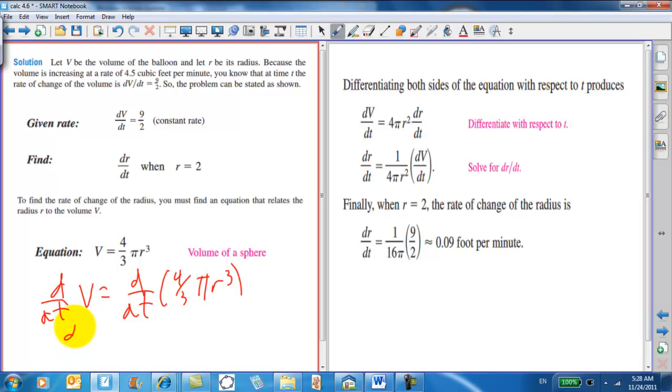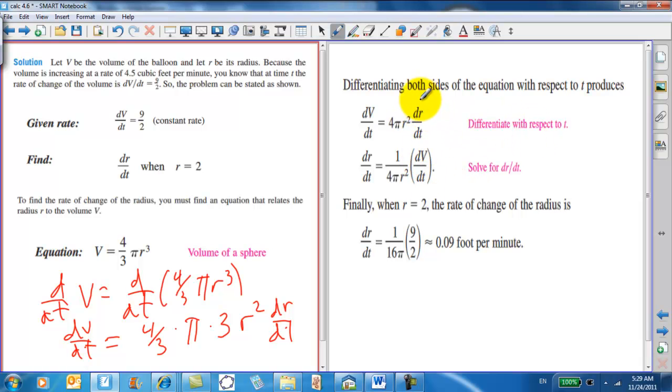So we get dV/dt equals 4/3 times the derivative of pi r cubed, so the constant multiplier rule, both those were constants. And the derivative of r cubed is 3r squared dr/dt. So the 3 and the third cancel out, and that's where we get 4 pi r squared dr/dt.